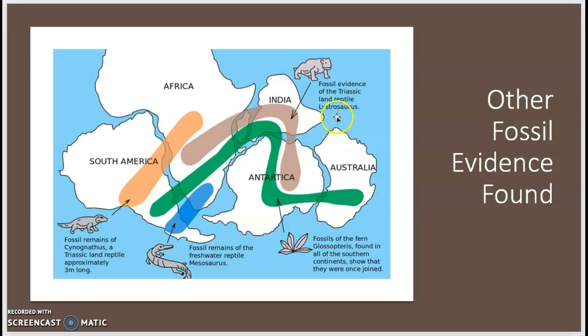And then the Lystrosaurus was another type of Triassic animal that lived in Africa, India, and Antarctica. And again, solidifying the fact that Antarctica was probably warmer at one time. I just really thought that was a nice visual of where those fossils had been found.